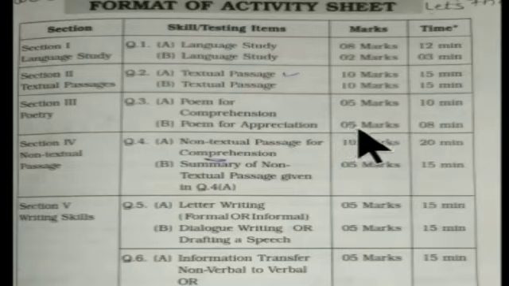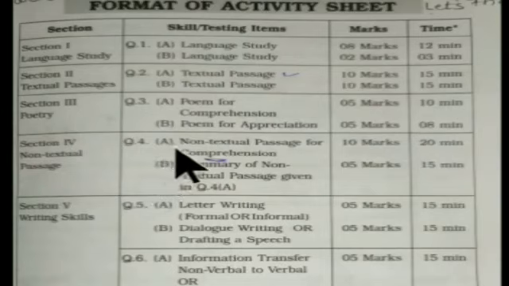You have to write all answers within 8 minutes. This means section number 3rd, poetry section, question number 3 is for 10 marks and you have to attempt this question in 18 minutes. Section number 4th is a non-textual passage.